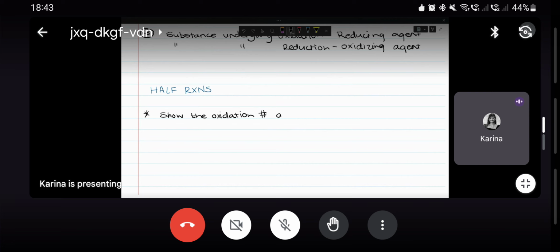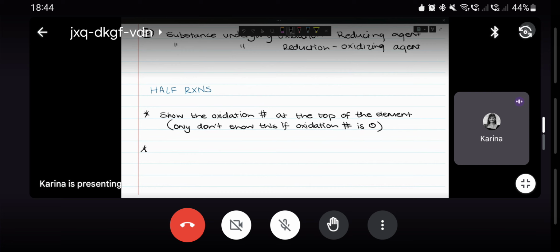That's the oxidation number at the top of the element. And the only exception where you will not write it is if the oxidation number is zero. So you will only not show this if the number is zero. Okay, so that's your first rule when you're doing a half reaction.